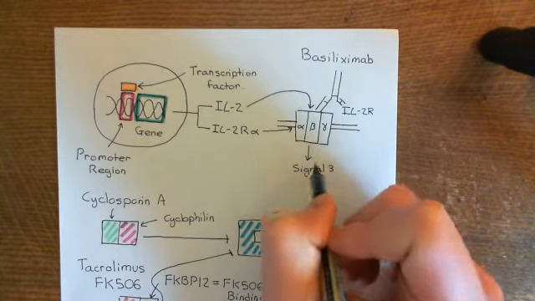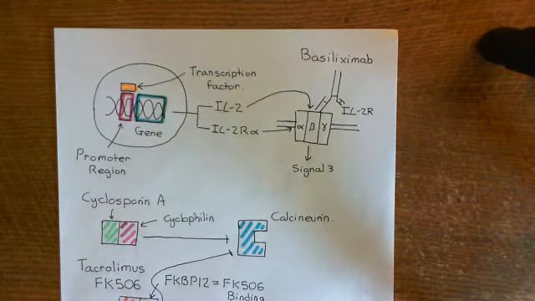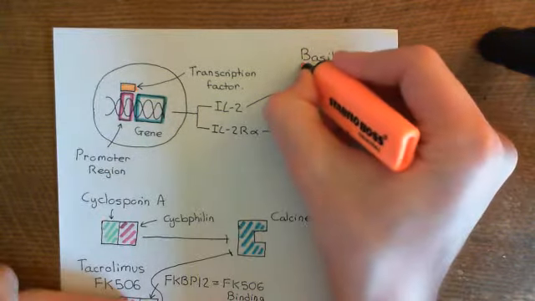So you won't get signal 3, and therefore you won't get the full activation of these CD4 positive or CD8 positive naive T cells. Okay, so that drug is basiliximab.